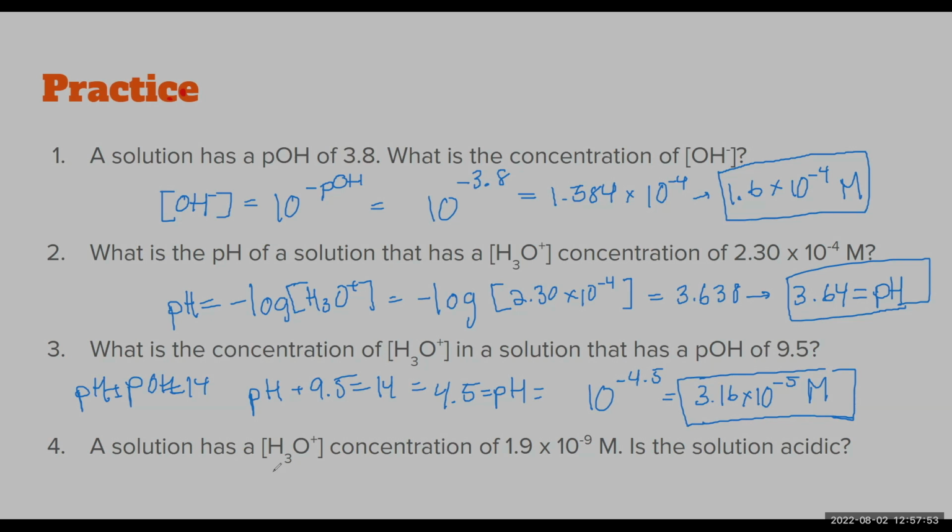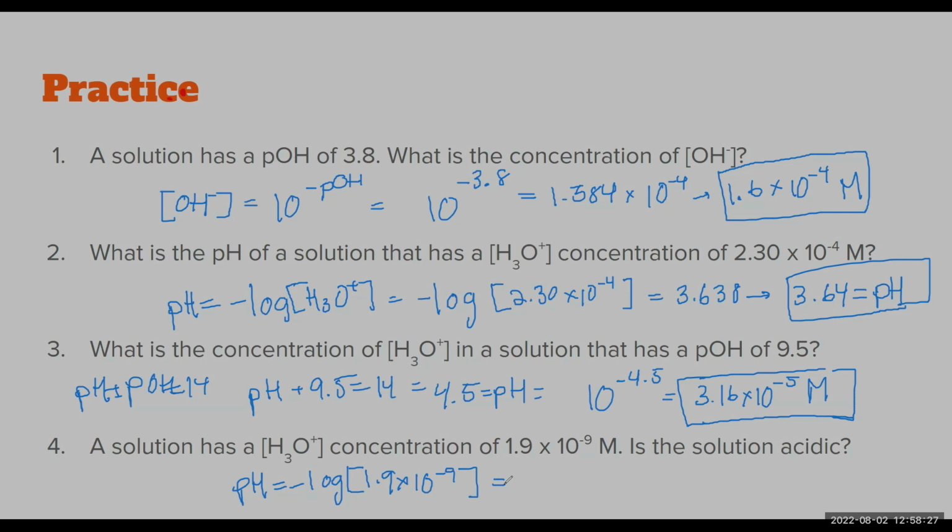Finally, we have a solution has a hydronium ion concentration of 1.9 times 10 to the negative 9 molar. Is it acidic or not? So what we can do here is calculate the pH. So I'm going to do pH is equal to negative log of the hydronium ion concentration. So I'm going to do 1.9 times 10 to the negative 9.